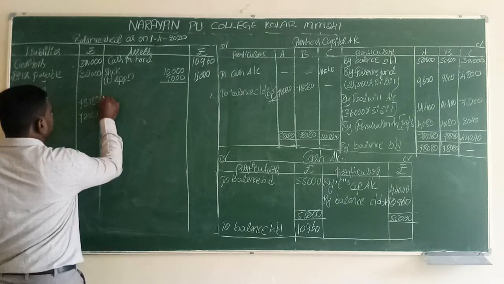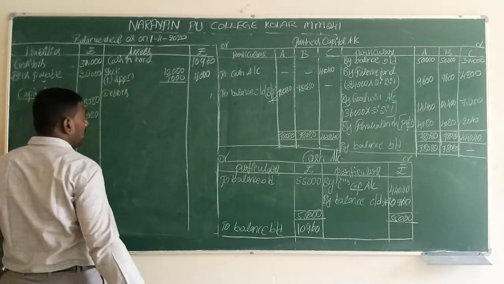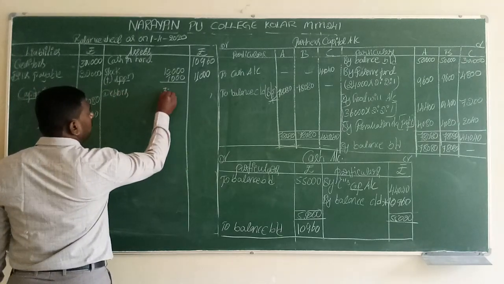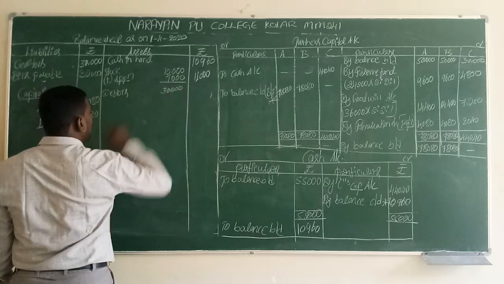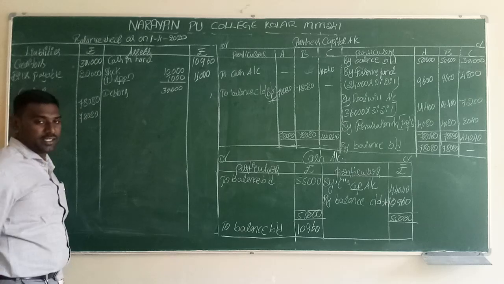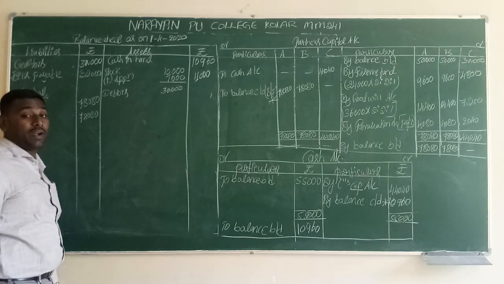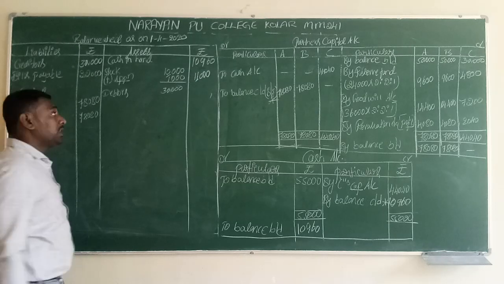Next, debtors. The value of debtors is 30,000, available in our previous balance sheet. For this there is adjustment number 3: provide PDD at 5%.